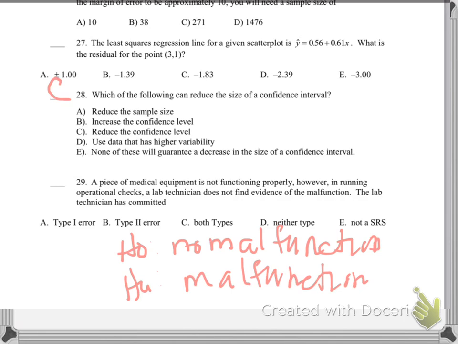Excuse me, no malfunction, everything is fine, would be an H0. The fact that there is a malfunction would be an Ha. Now the Ha is true, but we decided to go with H0. Then when we do that, we committed a type 2 error. You need to know that.